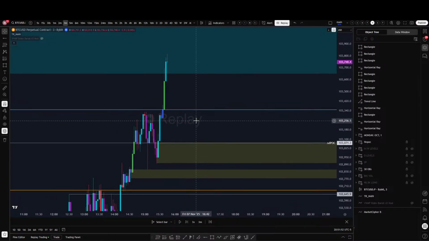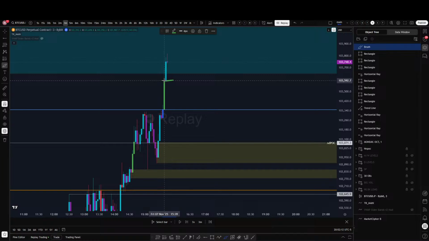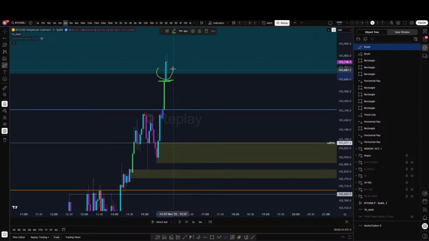Okay, you're going now. A lot of the time when I see this huge vector candle, green vector, so a lot of volume, but it still breaks and closes outside of this order block.